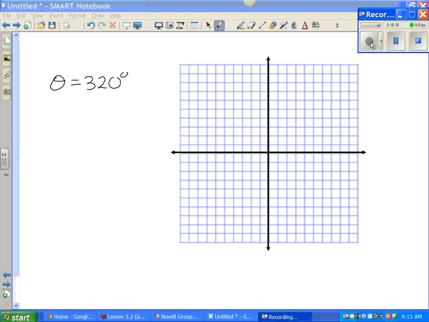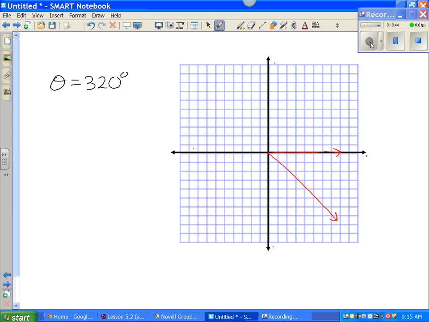And what does standard position mean? Vertex is at the origin and initial ray is along the x-axis. So we know we go 0, 90, 180, 270, 360. So we're going to be between 270 and 360 for 320. So let's say we're about here.